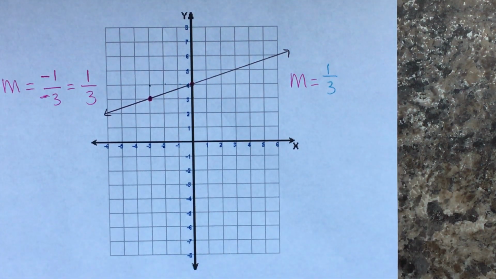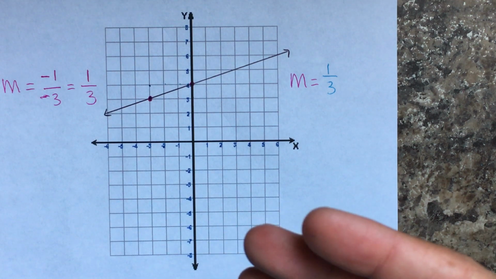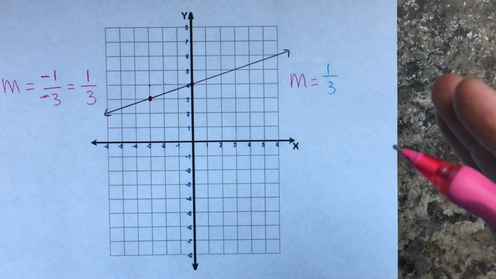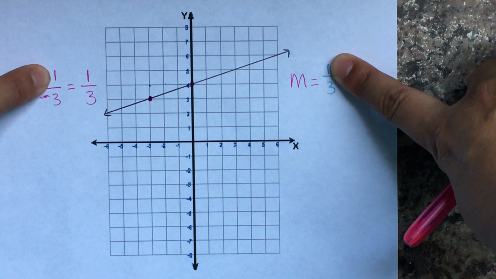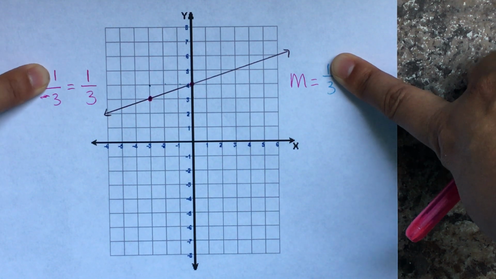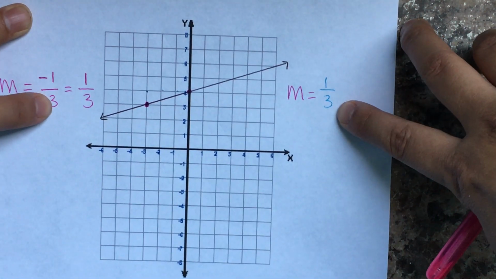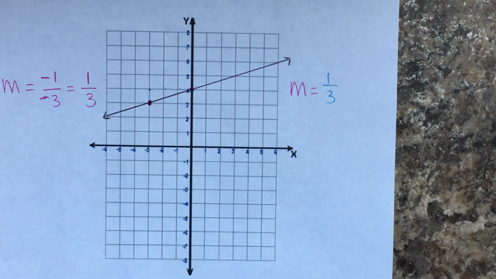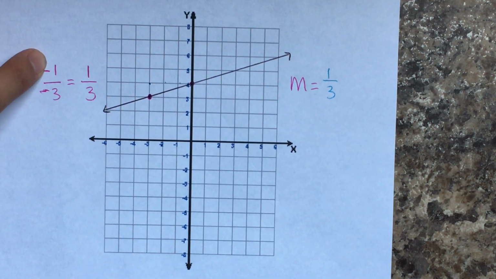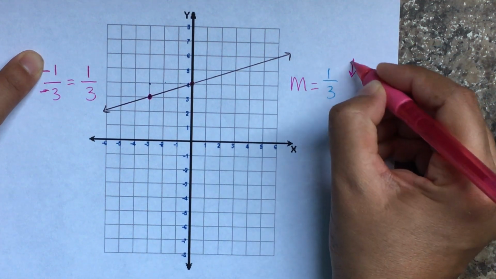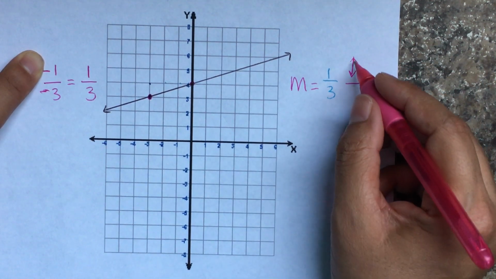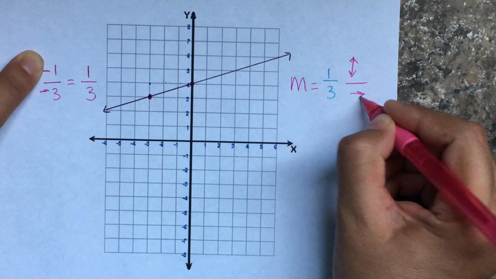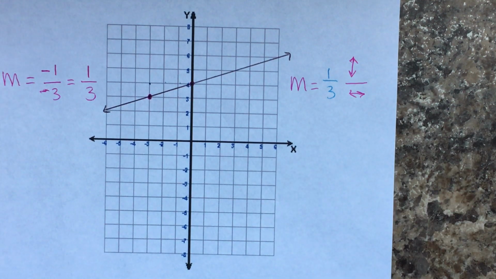It doesn't matter from what point to what point you start, as long as you always start for the numerator up or down, for the denominator left or right. Okay, you cannot switch the order. For the numerator up and down, depending on the sign, and then left or right in here. Okay, very, very careful with that.